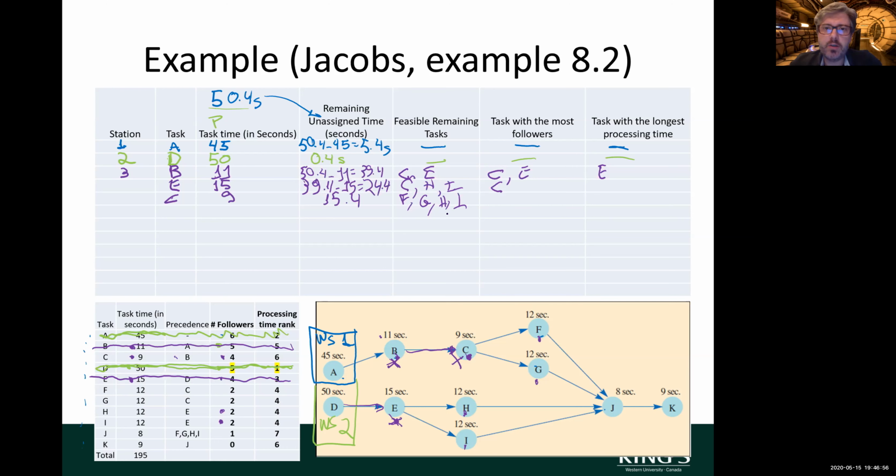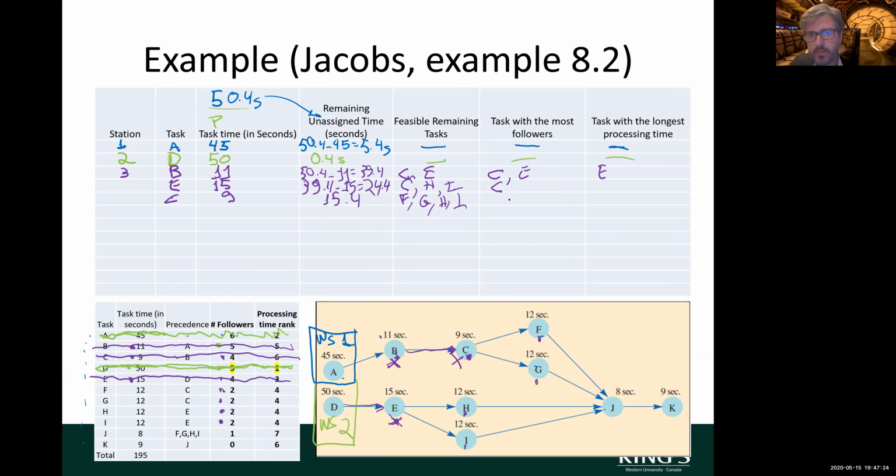All right. So which one of these has the most followers? So this guy is done. So F, G, H, and I, all of them have 2 followers. So what am I going to do? Damn it. Let's look into processing time.